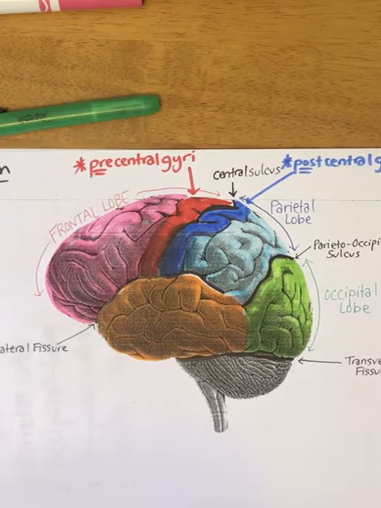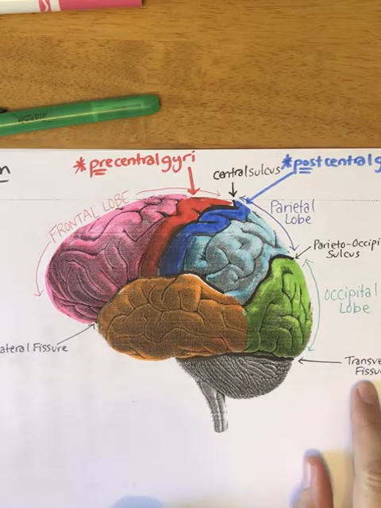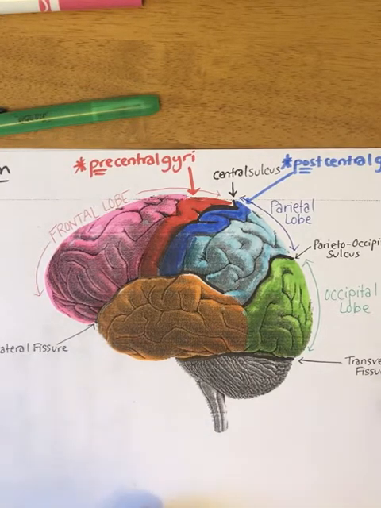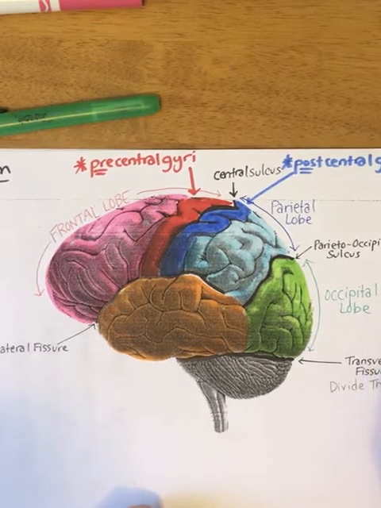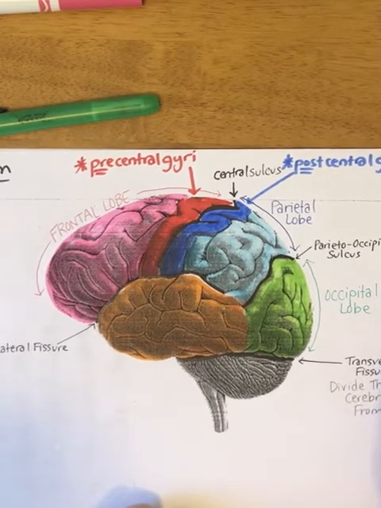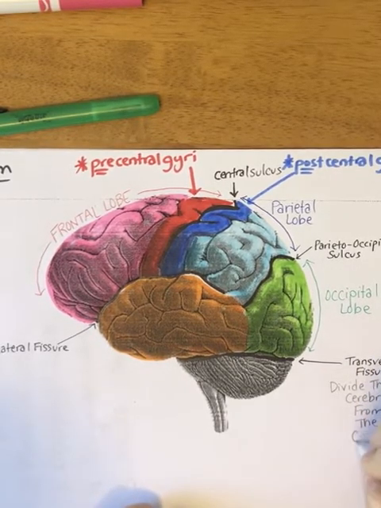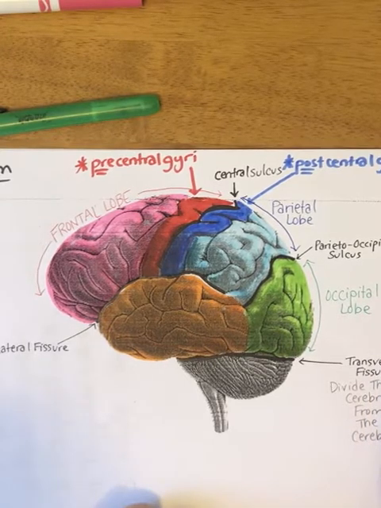Now, when we talked about the transverse fissure, the transverse fissure is going to divide the cerebrum from the cerebellum. So technically, we could label the cerebellum.